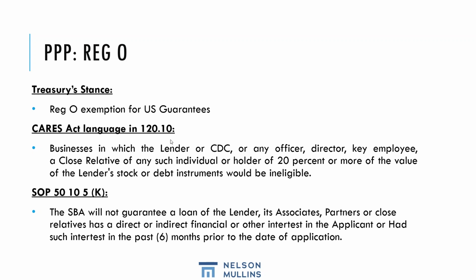We're also recommending that a borrower certification be used at origination where the borrower will certify that they do not have a close relative or that they are not an officer, director, or key employee of the lender. Again, we're unable to reconcile it, so we're just erring on the side of caution here.